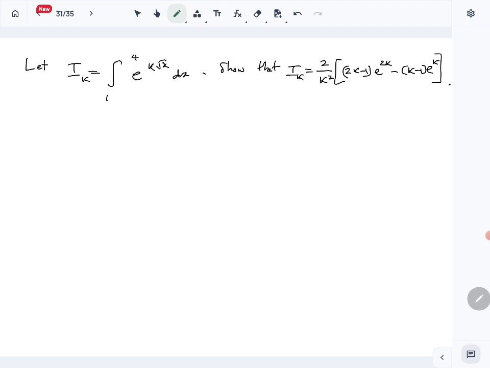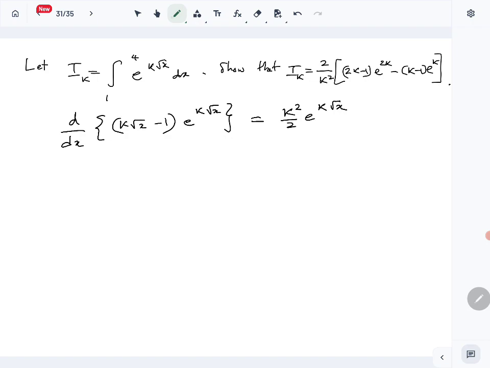Then the second part of the question is we have to show this definite integral is equal to this expression. So we will use the first part to get this. We know d over dx of k square root x minus 1 times e to the k square root x is equal to k squared over 2 e to the k square root x.